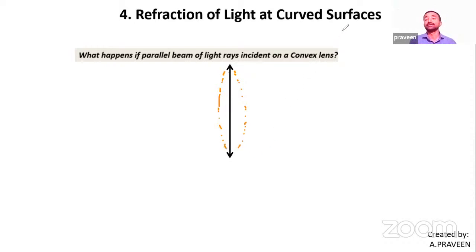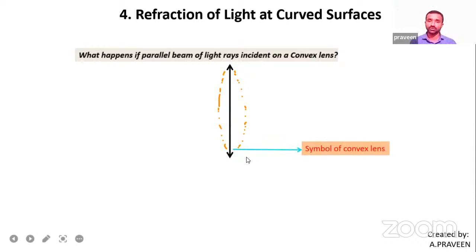What you are getting? Simply it is as a double convex surfaces. So this is symbolically representing the double convex lens. So this symbol we can use to indicate a double convex lens. So symbol of double convex lens is double-headed arrow.